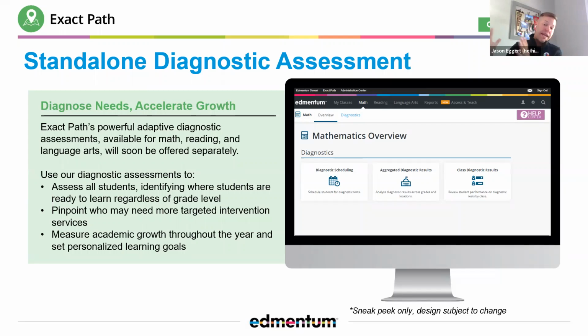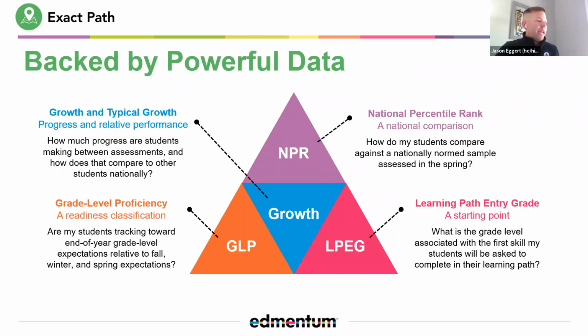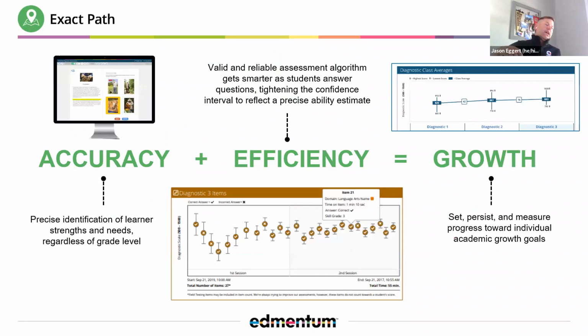Whether you want the kids to have learning paths afterwards, or you just need that additional piece of data, that diagnostic assessment you give students 2 to 4 times per year to measure growth, you can have access to our diagnostics either way. Within our diagnostics, you're going to have an accurate and efficient assessment to really look at growth.